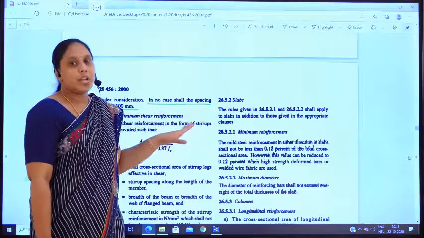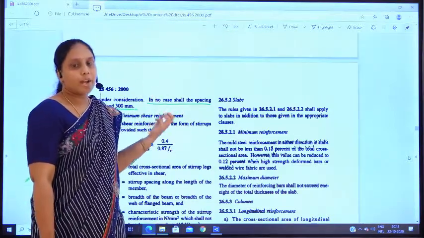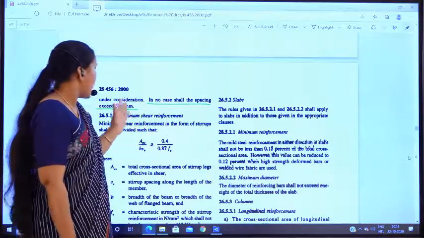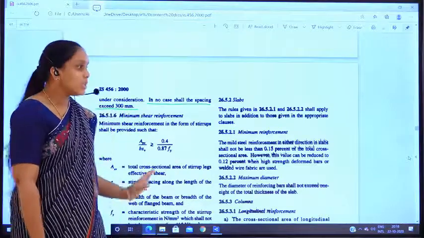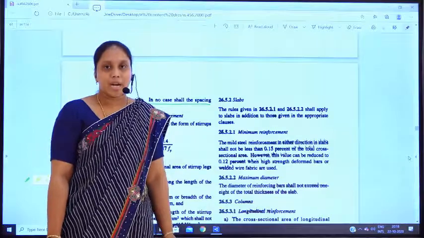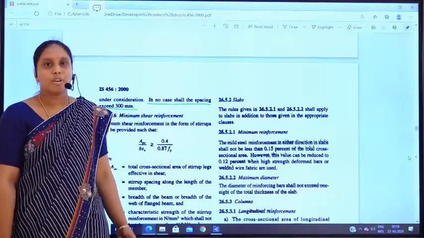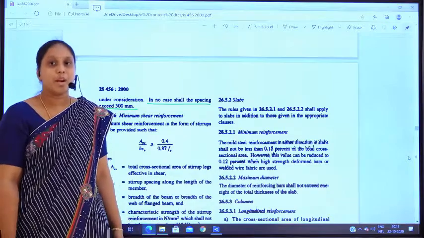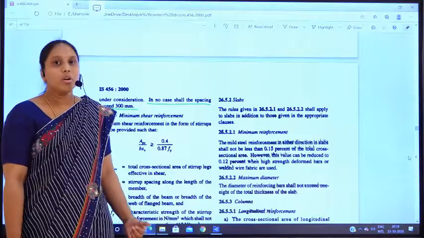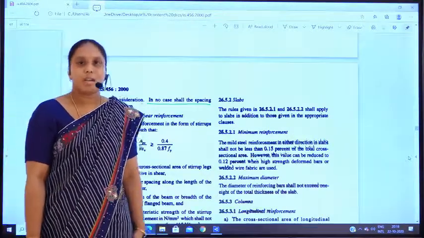If we are using the inclined stirrups, the spacing we provide should not be more than D or 300 mm, whichever is less. This is the check we have to do, and the check should be satisfied. So this is the procedure we have to follow for the design of shear reinforcement, and these are the code recommendations we have to follow for the shear reinforcement design. Thank you.